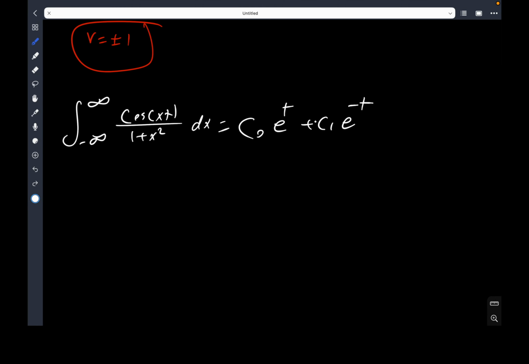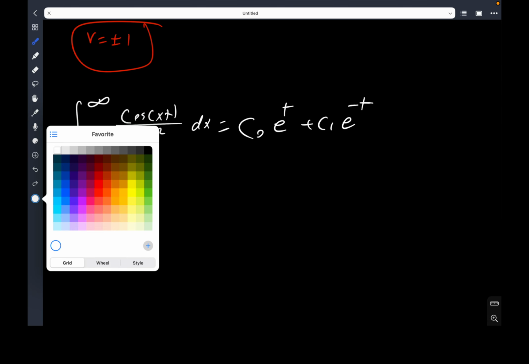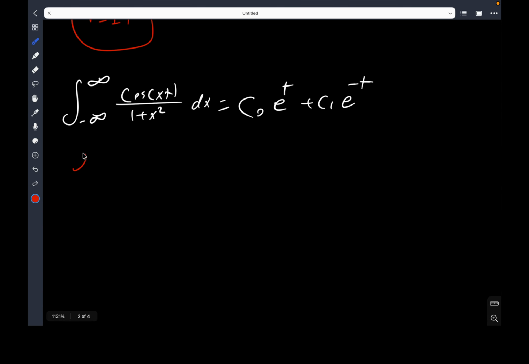First of all, I'm gonna take the limit as t approaches 0, or I can also say as if t equals 0, what happens?